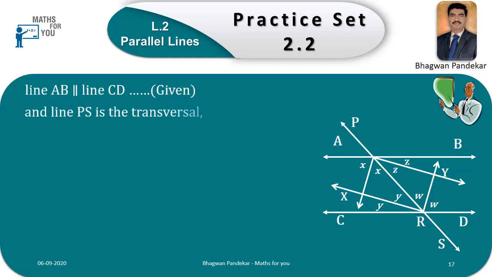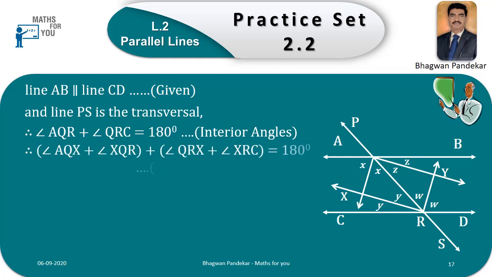Line AB is parallel to line CD, here the given information, and line PS is the transversal. Therefore, angle AQR plus angle QRC is equal to 180 degrees. Reason is interior angles. Therefore, (angle AQX plus angle XQR) plus (angle QRX plus angle XRC) is equal to 180 degrees.